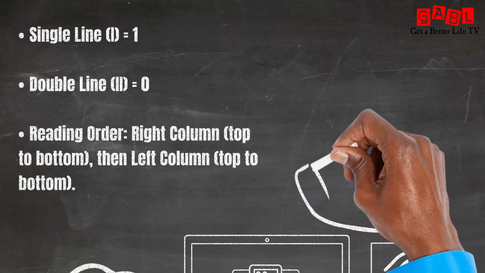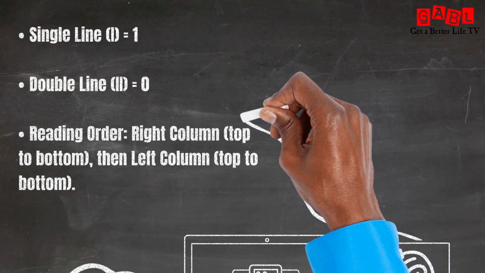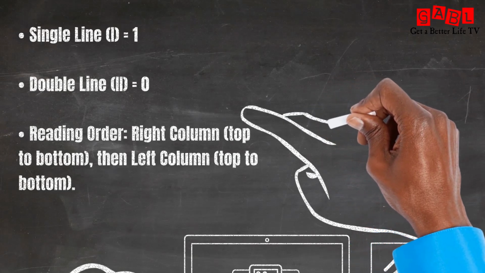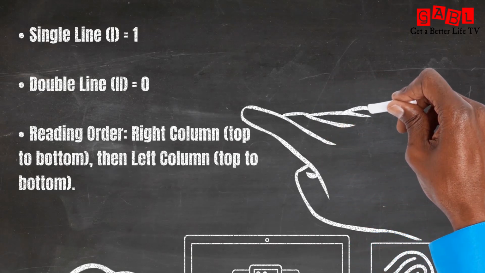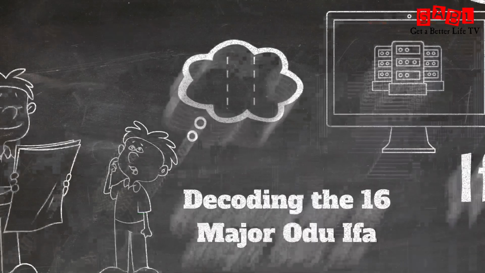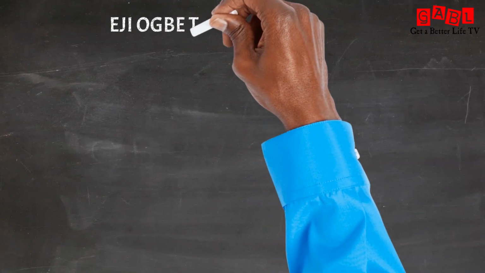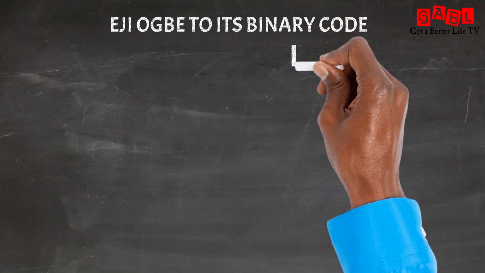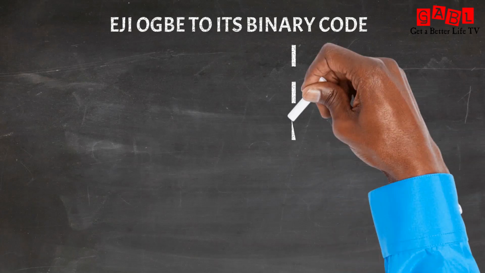As you will recall from my previous lessons, in our binary mapping, a single line represents the digit 1, and the double line, which is 2 lines, represents 0. If you missed the video, it is linked somewhere in this video for you to watch.